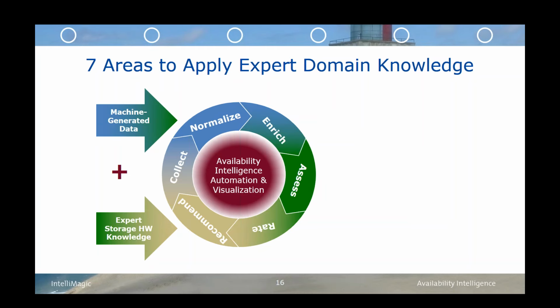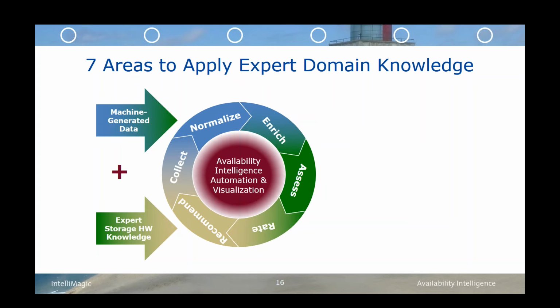It's in the collection process, of course, of what to collect, how to normalize the data into tables, how to enrich it by calculating additional metrics, how to assess what we're looking at. Is it good or bad? And then actually rate it based on the types of workloads and the characteristics of the specific hardware components that are in use, of how severe is the issue, or how close to the edge of the capabilities.